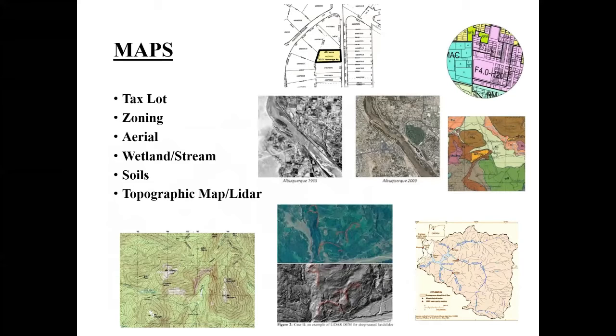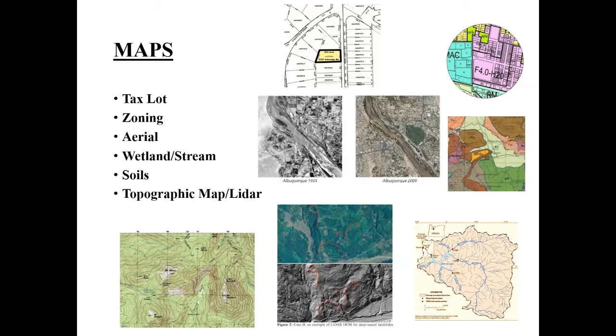I just mentioned maps, and I love maps because maps tell tons of stories and each map is unique. There's the tax lot map, which will help you determine where your boundary is versus where your neighbors' are. Zoning, what is allowed in those areas. There are aerial maps, and I really like aerial maps. We have some sites that will show post-fire aerial views for those who may need those.